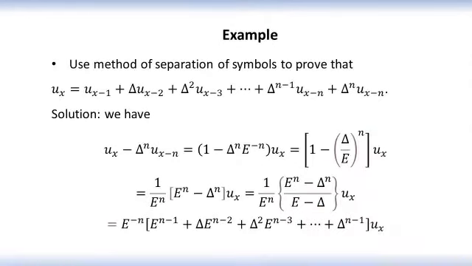We have ux minus delta to the power n ux minus n is equals to the 1 minus delta to the power n E power minus n into ux. That means ux minus n is written as E power minus n into ux.